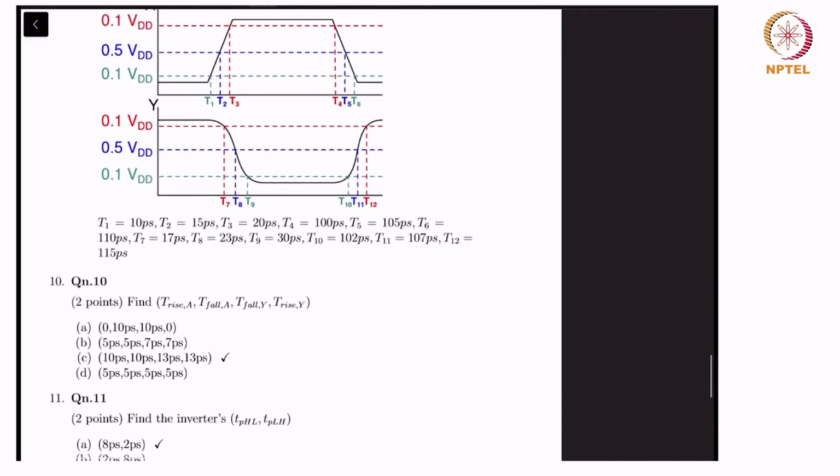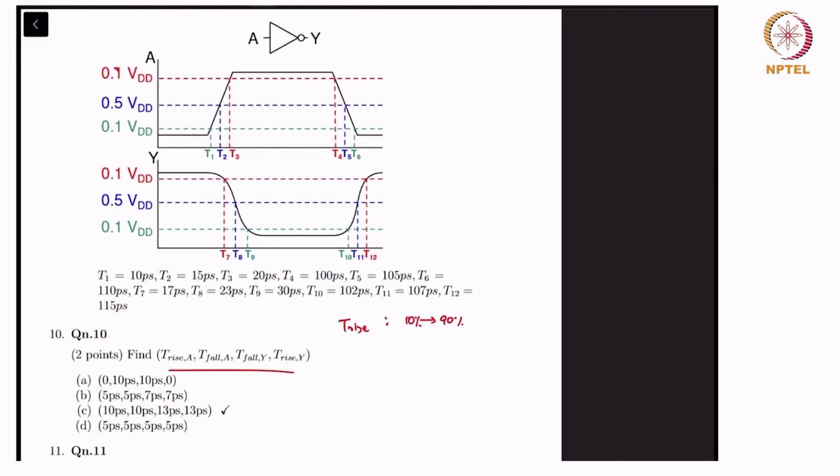We need to find the rise time and fall time for these various signals. T rise is defined as the 10 to 90% time. Oh, there's a mistake in this diagram. This should be 0.9 VDD.